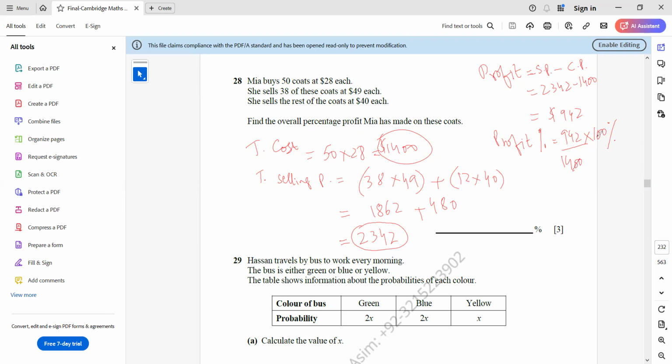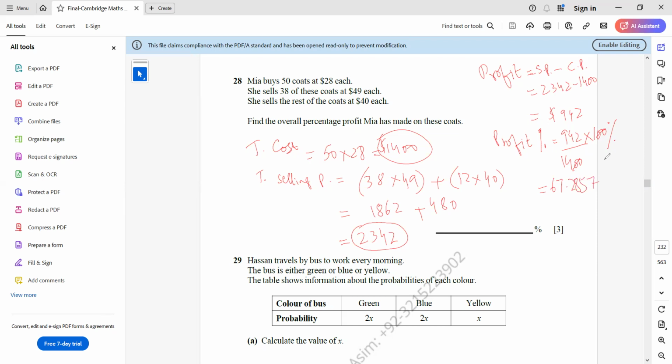So two zeros get cancelled out, and then 942 divided by 14, which is 67.857.